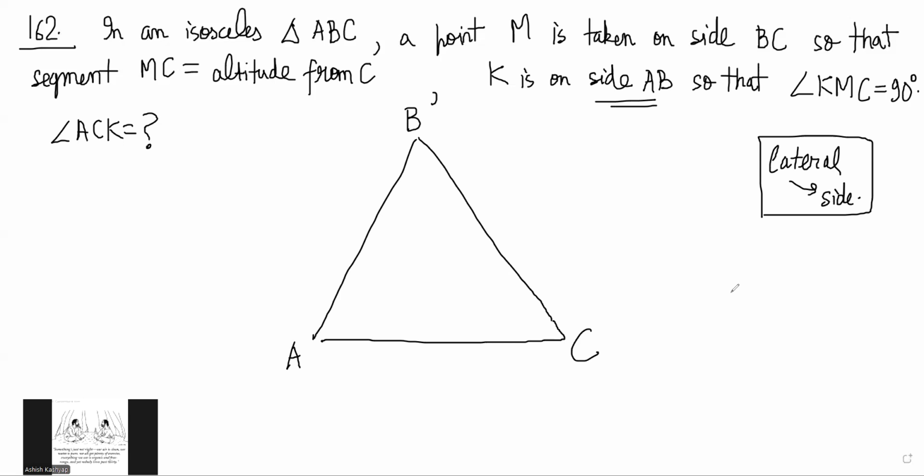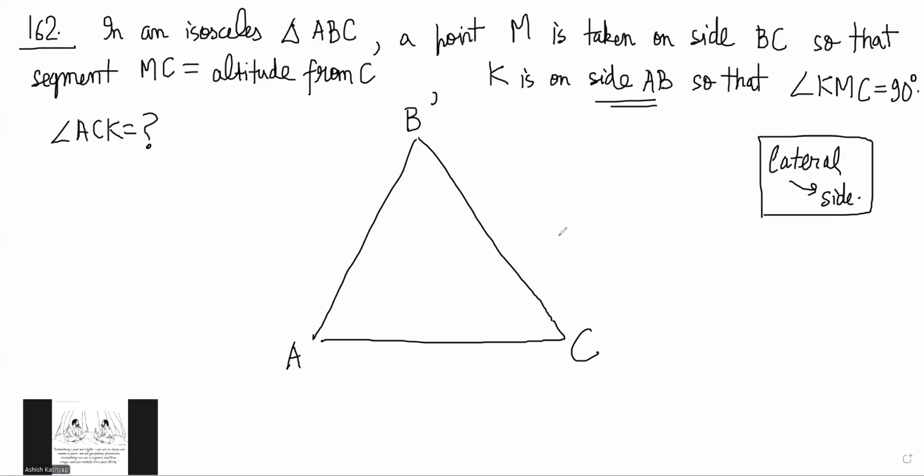Lateral means side. They are just telling us not to take the base as BC. Do you understand what I'm saying? Yes, sir. So don't take the base as BC.